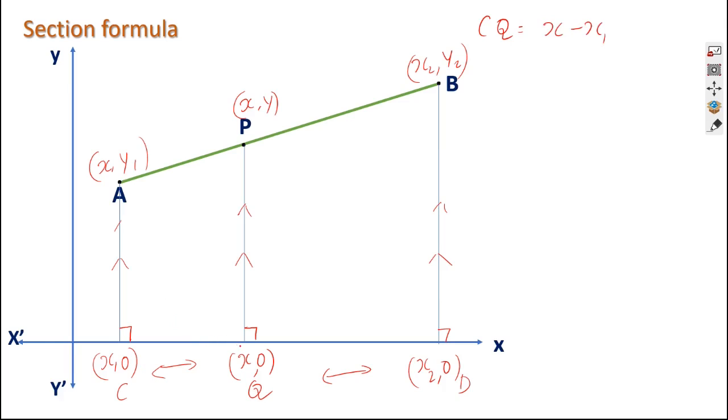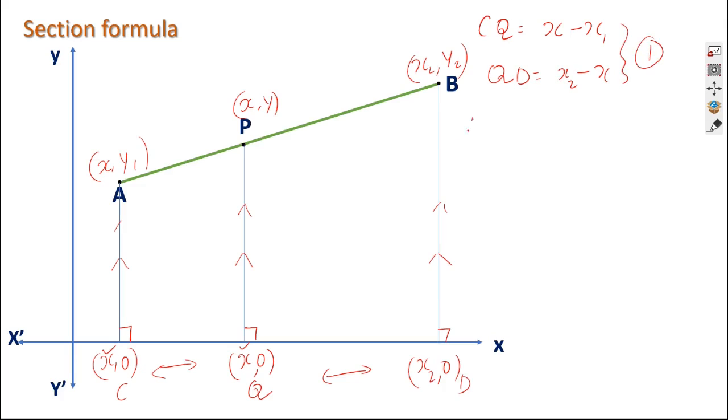Look here, x minus x1. If the question is the distance QD, we will say it is equal to x2 minus x, right? This we can very easily say.